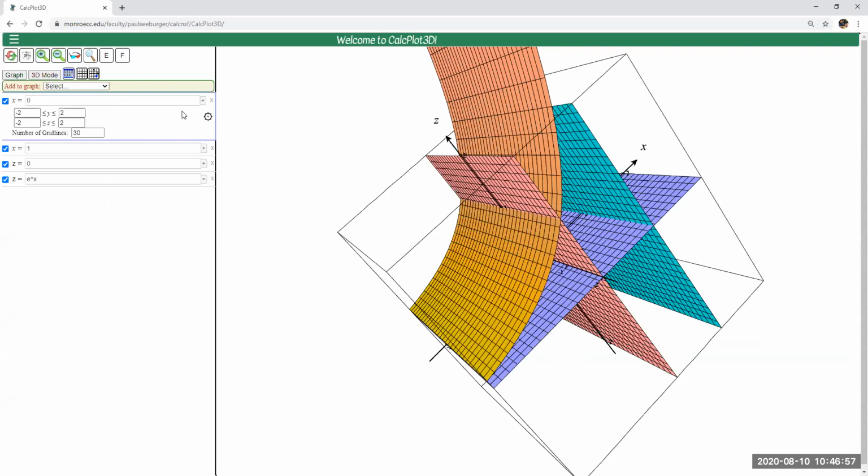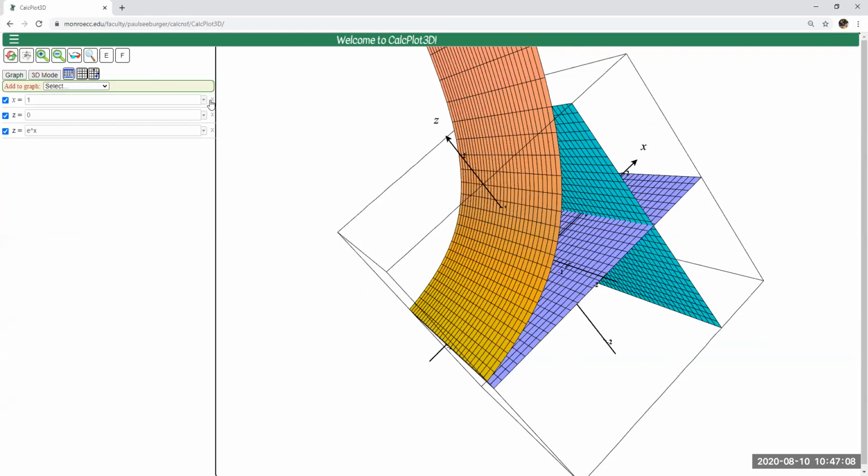Now, did we have that? I think we didn't have that. I think what we had was y equals, maybe I made a mistake. Yeah, y equal to 0 and y equal to 1. Thank you. So y equal to 0. And then we have y equal to 1.